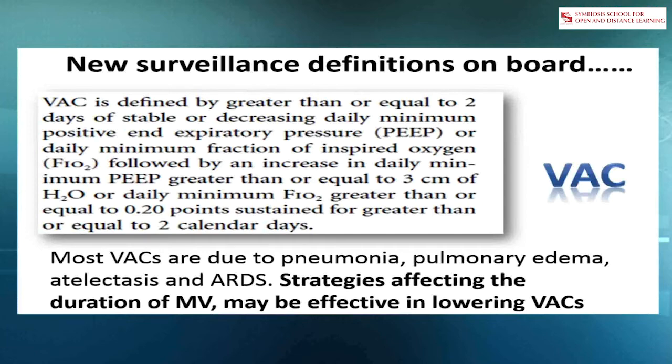Basically your requirement of PEEP and FiO2 was stable or in fact decreasing, but suddenly after minimum 2 days, your FiO2 requirement increases by 0.2, that is 20%, so from 40 it goes to 60%, or your PEEP requirement goes from 5 to minimum 8 or above. Then definitely you consider this as a VAE.